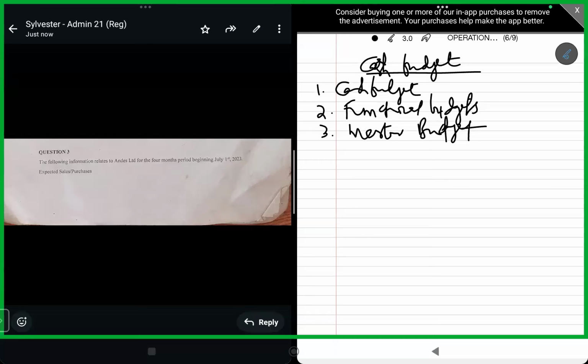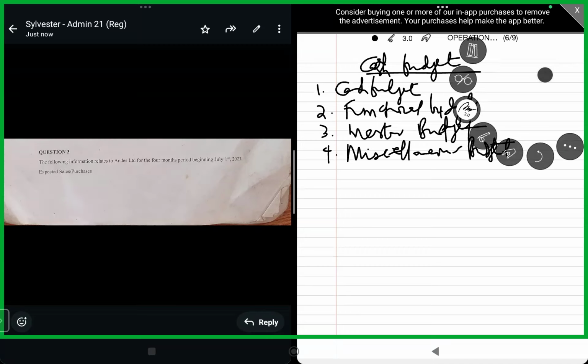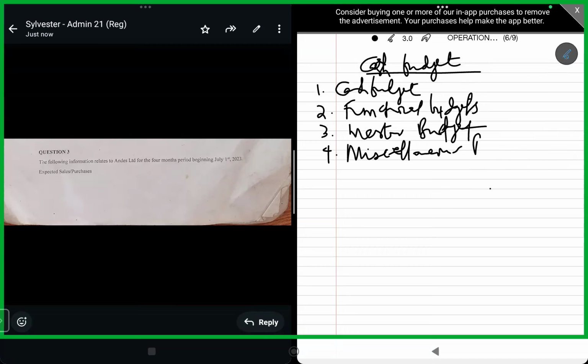We have, we can say, miscellaneous budgets and other types of budgets. So there could be several budgets. So these are forms of budgets.